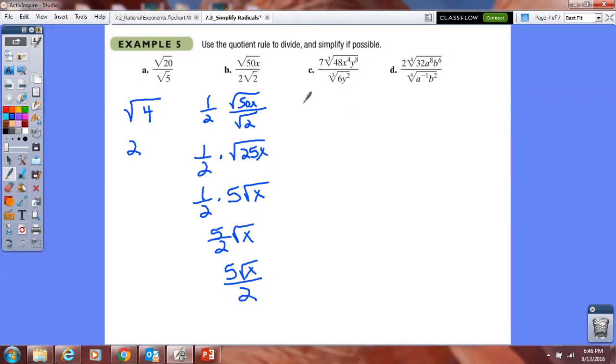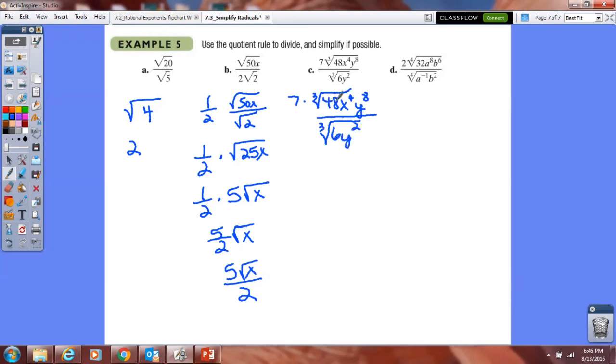Alright, so see here, what we're going to do is we're going to leave the 7 out to the side. We're going to take the cube root of 48x to the 4, y to the 8. We're going to divide it by the cube root of 6y squared.